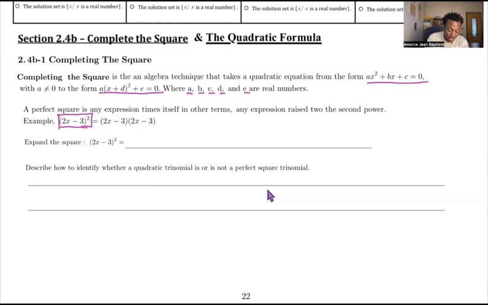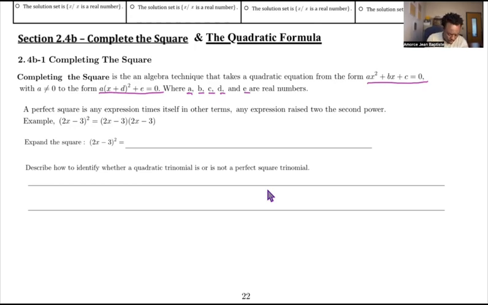It's already a quadratic expression, but you see how it's a binomial raised to the second power. So let's see how to transform a binomial to the second power to the quadratic format. Well, it's just to expand the square, right?